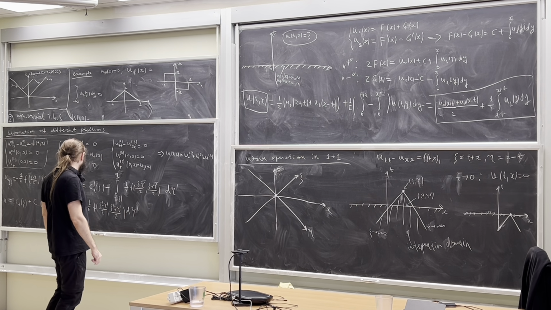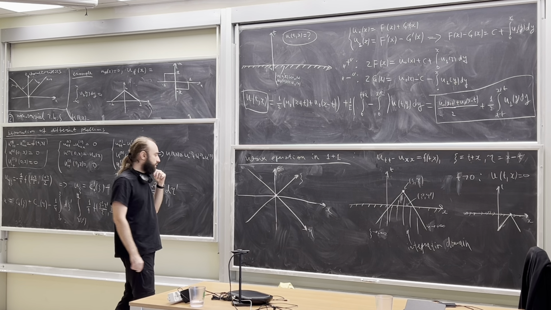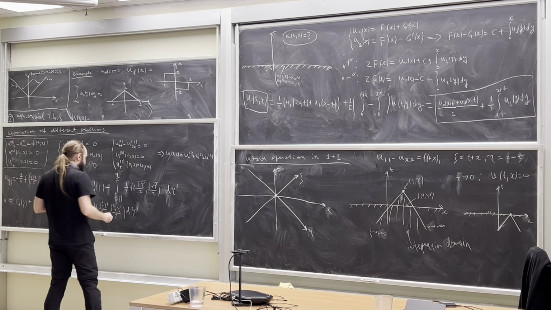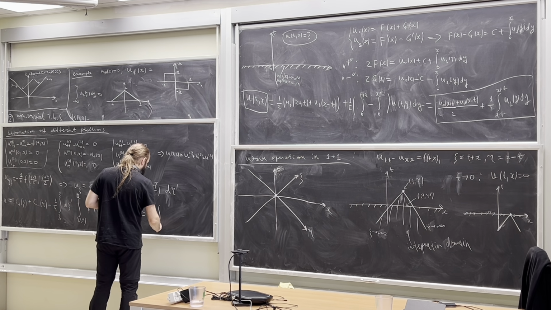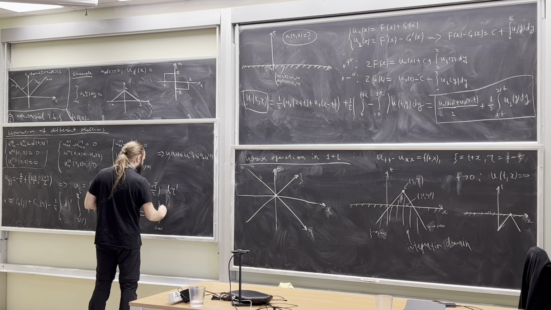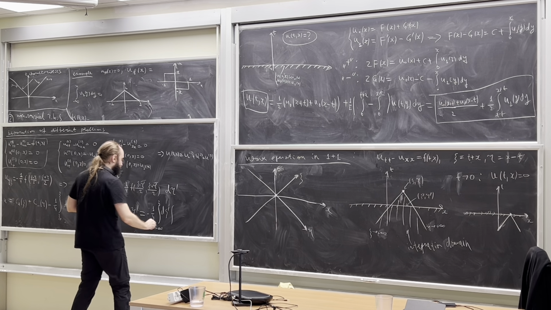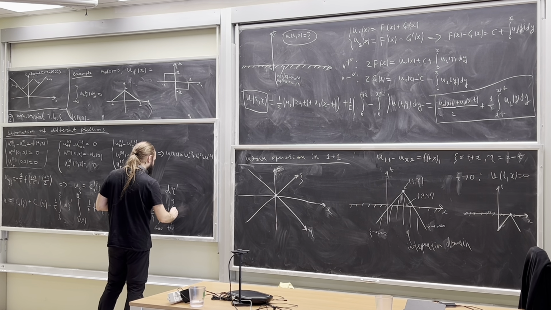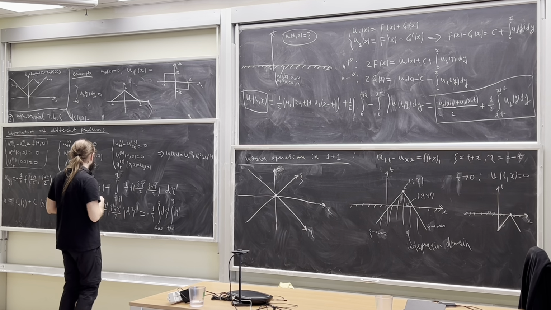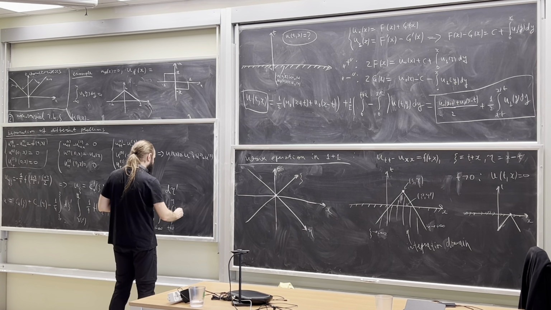So this is minus 1/4 integral from minus infinity to psi d psi prime, integral from plus infinity to eta d eta prime f of (psi prime minus eta prime) over 2, (psi prime plus eta prime) over 2.